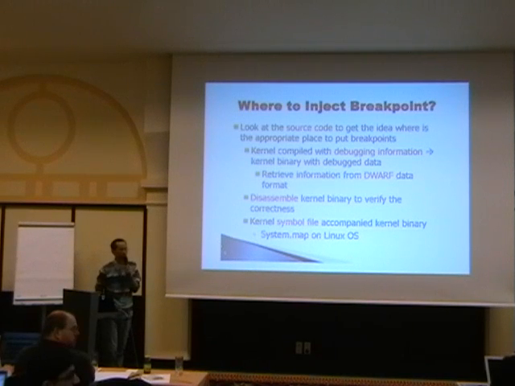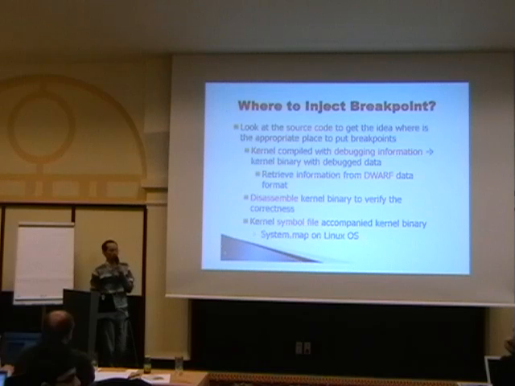When you inject your breakpoint from the outside, you don't only have to know the virtual address of the symbol files and everything. You have to find out the physical address of your virtual machine to inject the breakpoint. Yes, in the process of injecting the breakpoint, we convert the virtual address into the physical address.